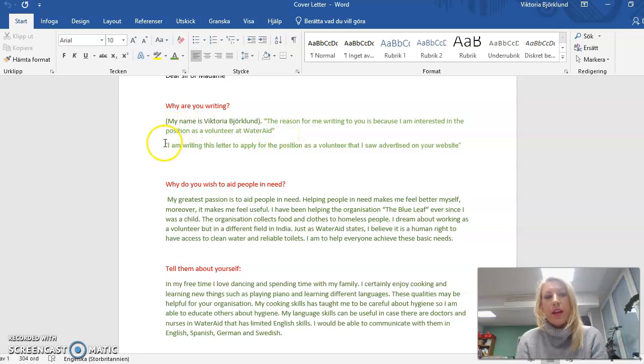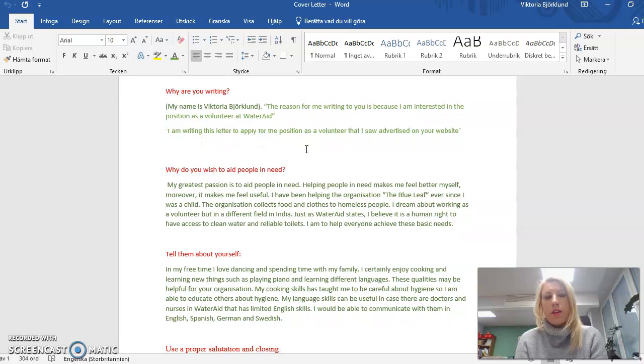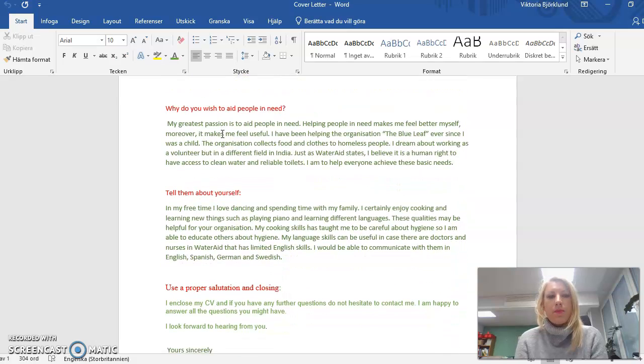Or, I'm writing this letter to apply for the position as a volunteer that I saw advertised on your website. Why do you wish to aid people in need? This is something that should be included in the letter, in the email.